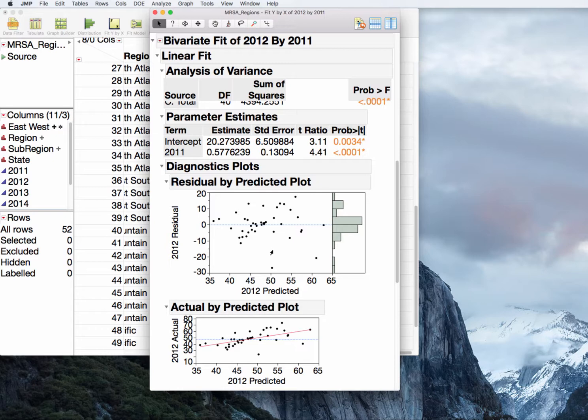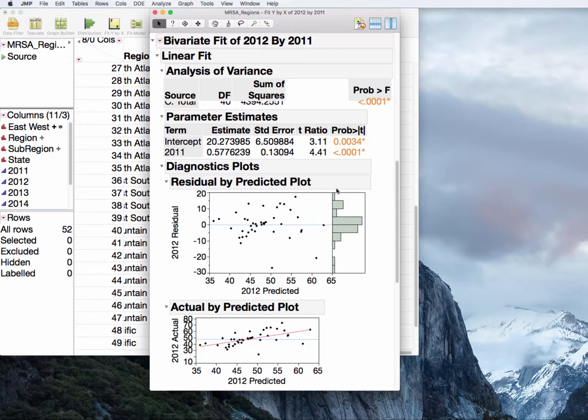So because we have somewhat of a smaller sample size, you will see some holes. You won't have it perfectly filled in. But what you're really looking to not see are patterns. So a fan pattern would have the residuals do that. You don't want to see a curve pattern. What you really want to see is somewhat of a rectangular or oval pattern with equal spread and random plots.